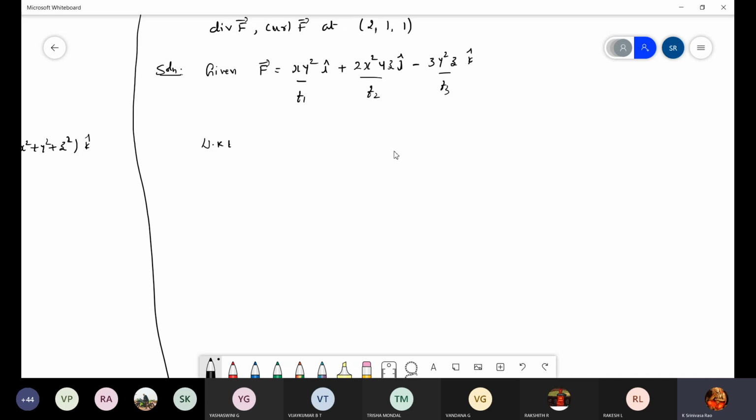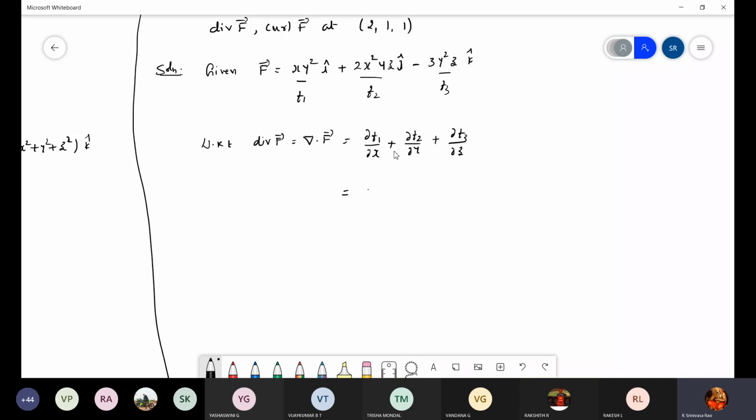Div f, question you write as it is. Div f can also be denoted as del dot f, that is equal to dou f1 by dou x plus dou f2 by dou y plus dou f3 by dou z. Just only the particular component you have to differentiate with respect to x, y, z.